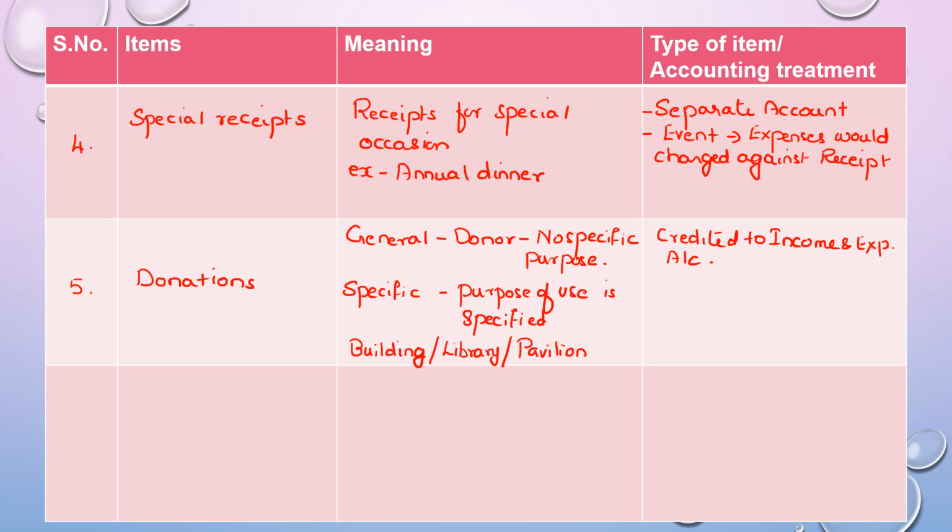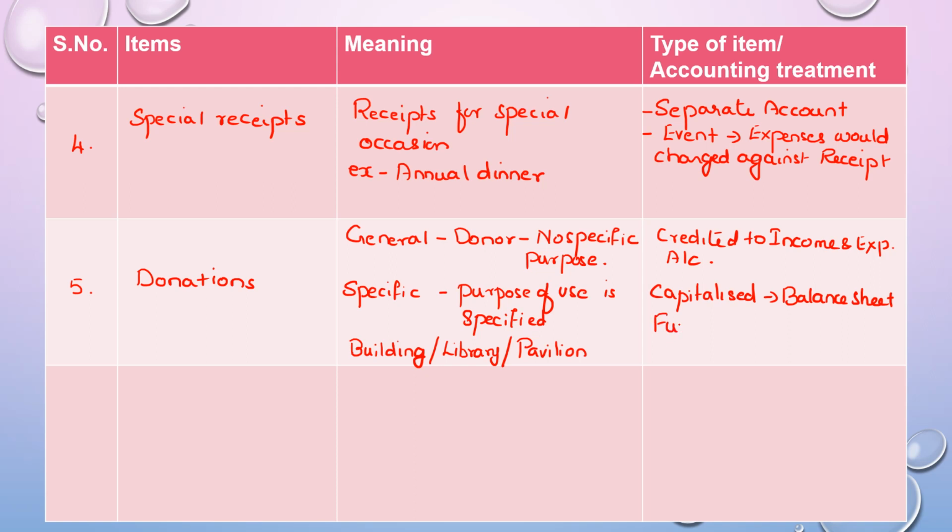Now, when an NPO receives donation in this form, when the purpose is specified, what is the accounting treatment? It cannot be utilized for any purpose as it wishes. It is utilized only for the purpose specified. And therefore, this amount received as specific donation is to be capitalized, which means we would take it into the balance sheet. A separate fund would be created, like building fund or pavilion fund.